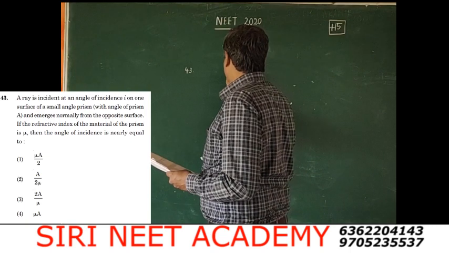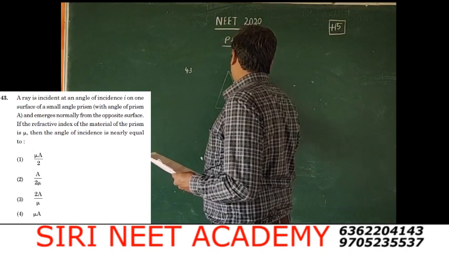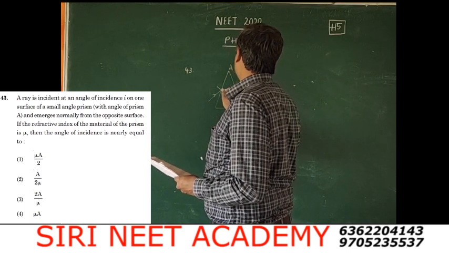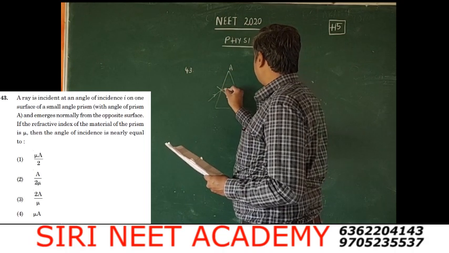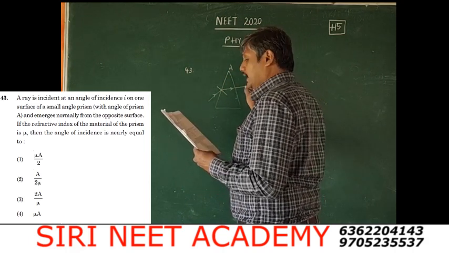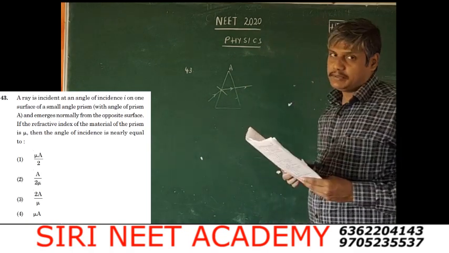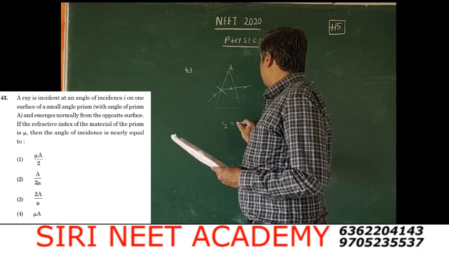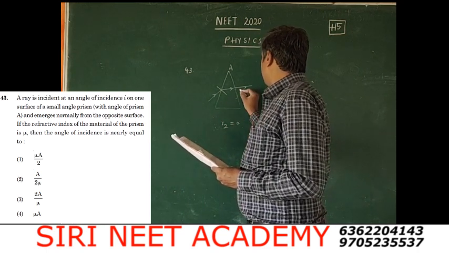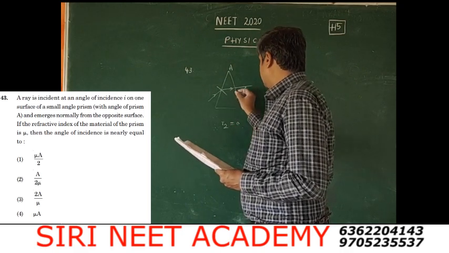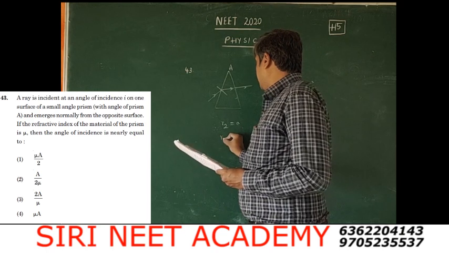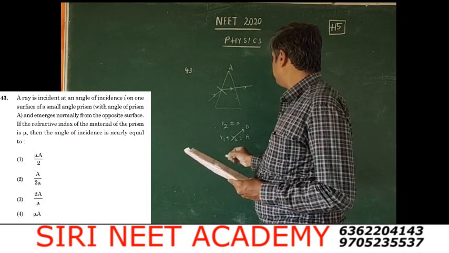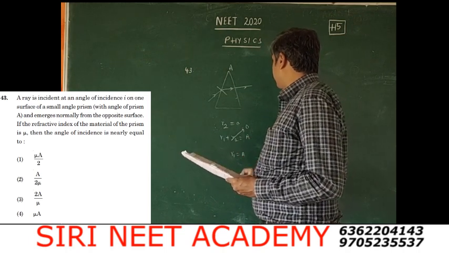So, this is a small angle prism having angle of prism as A. If a light ray is incident like this, and it is said that after refraction it emerges normally from the opposite surface. So here the angle of refraction is 0, and also the angle of incidence here, r2, is equal to 0. We know that r1 plus r2 is equal to A. As r2 is equal to 0, r1 is equal to A.